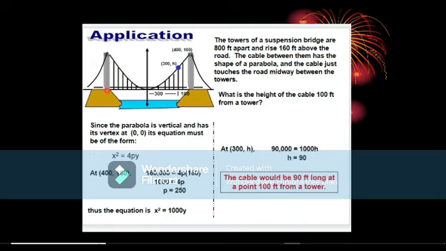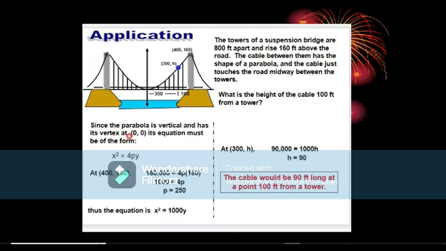And you have here the cables and the two towers, and the road midway between the towers is here. So the question is, what is the height of the cable 100 feet from the tower? We are asked to find the height of the cable 100 feet from the tower.